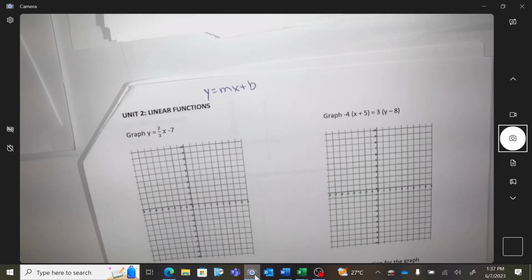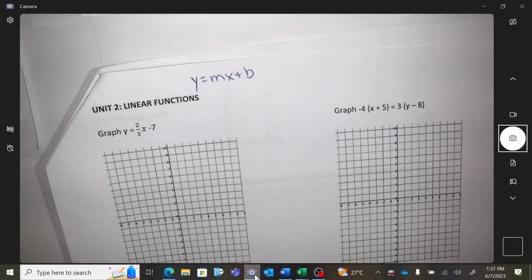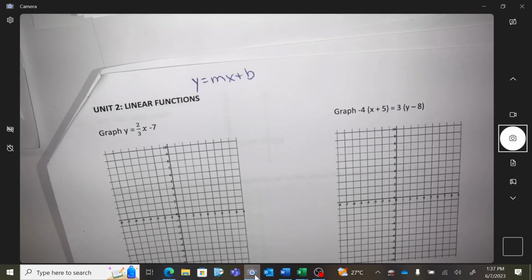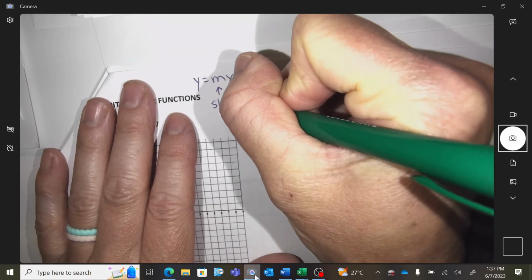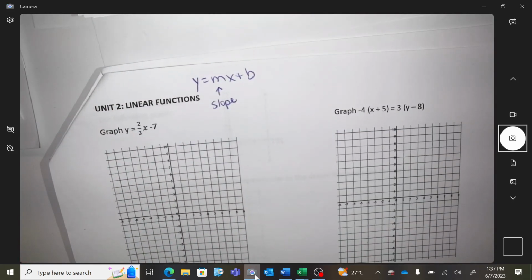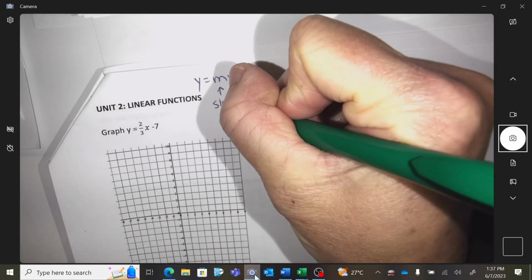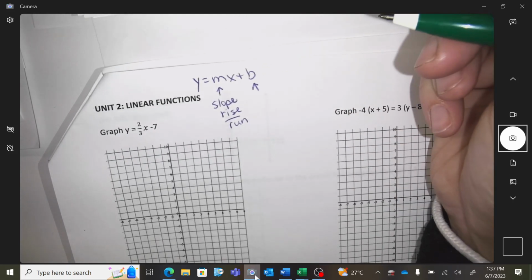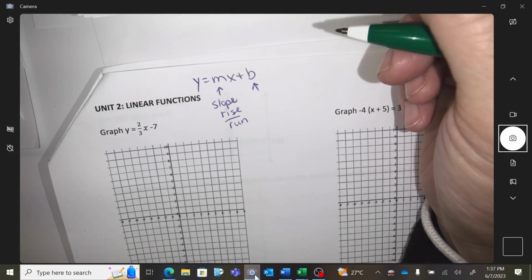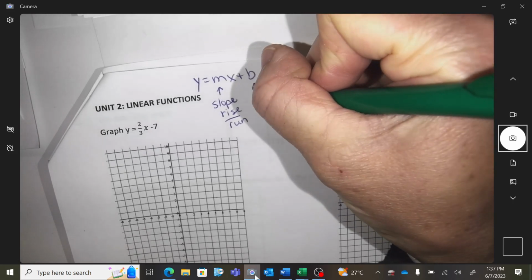That is one equation that we worked with. Do you remember what the letters m and b meant? M is called a slope. Slope is a what over what? Rise over run. And the b was the y-intercept.